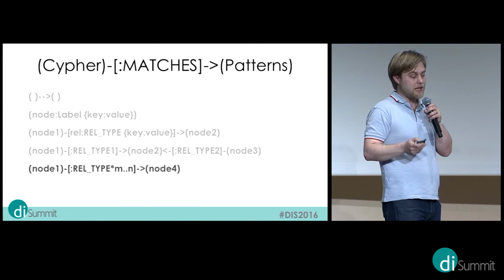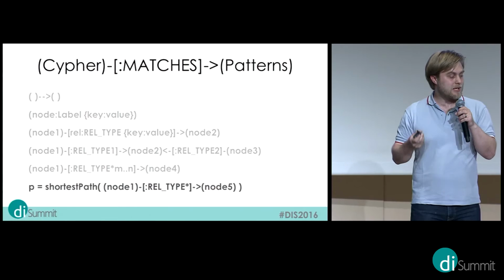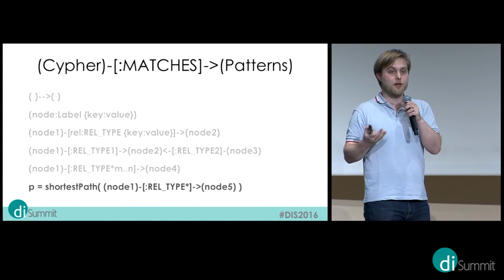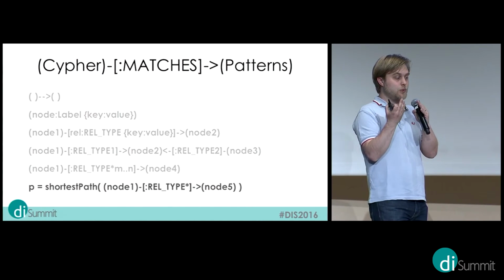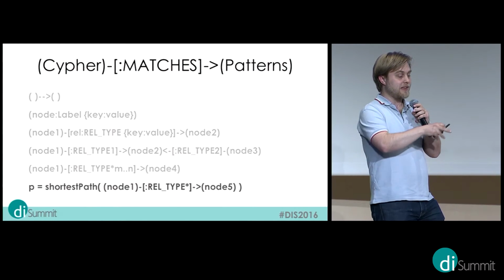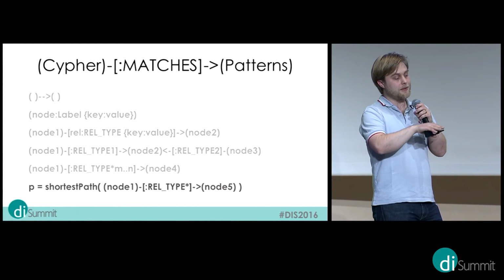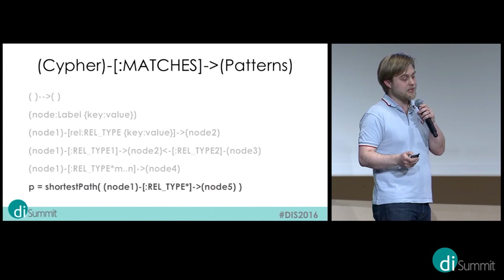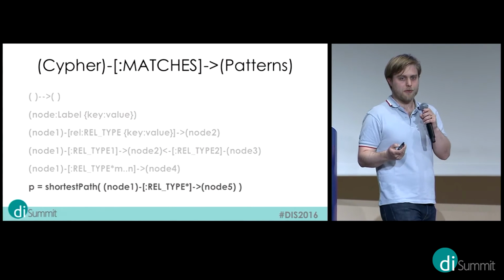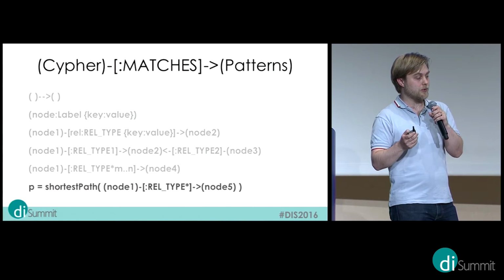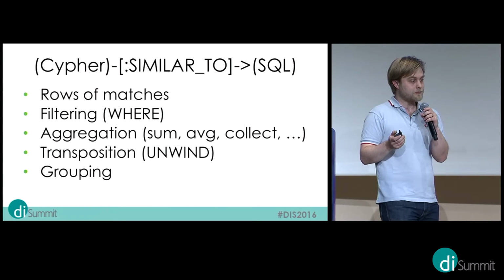So it's an unknown length. And then finally, we can find the shortest path of something between two known nodes with a certain relationship type in between them. So those are sort of the basic patterns for matching things in Cypher.